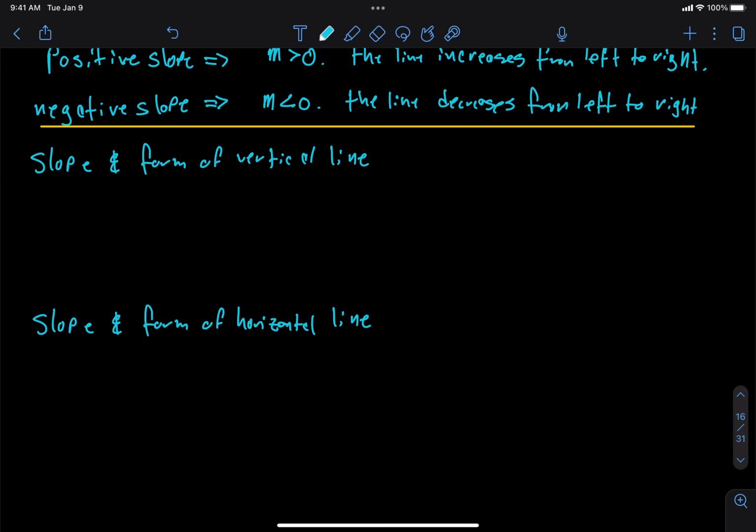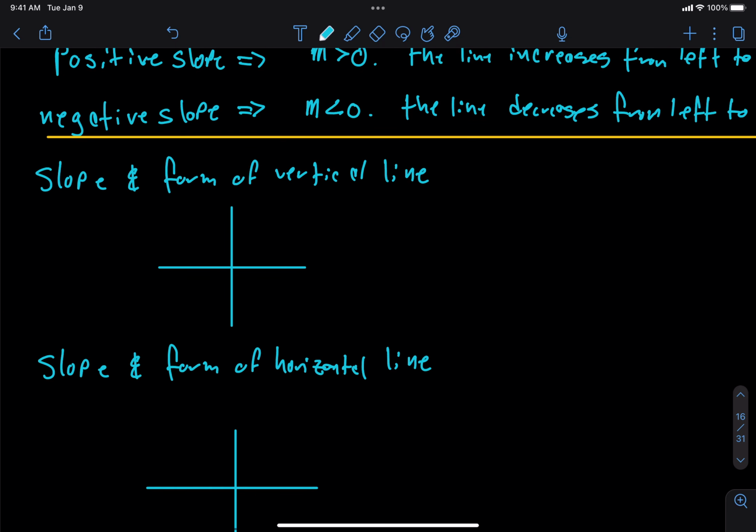Okay, so these ones are a little bit tricky, okay, when we have the vertical lines or the horizontal lines. But hopefully this will clear that up for you all. So two types of lines, one of which goes left to right and one of which goes up and down. Which one is the vertical line, up and down or left and right? Yeah, vertical means up and down.